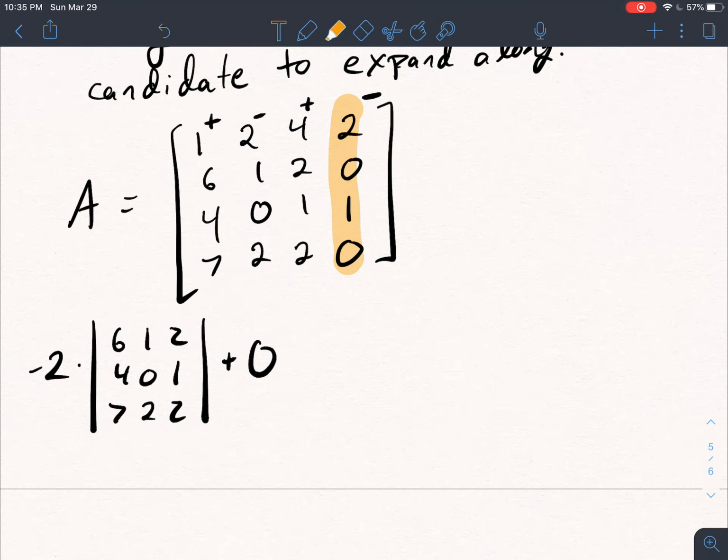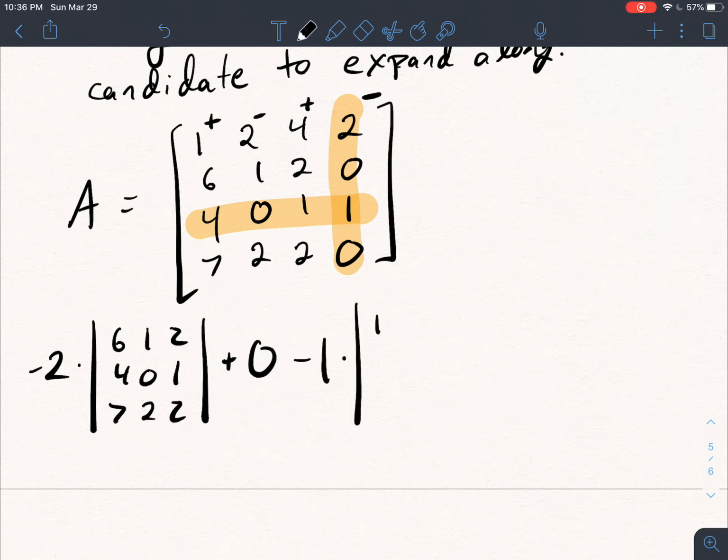And then plus 0 times that cofactor, or that determinant of the minor, but it doesn't matter what that's going to be. That term is still going to be 0.